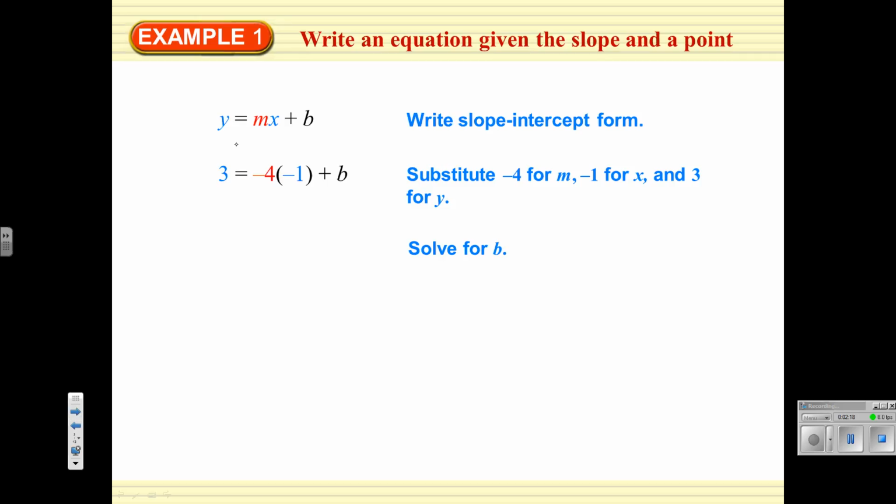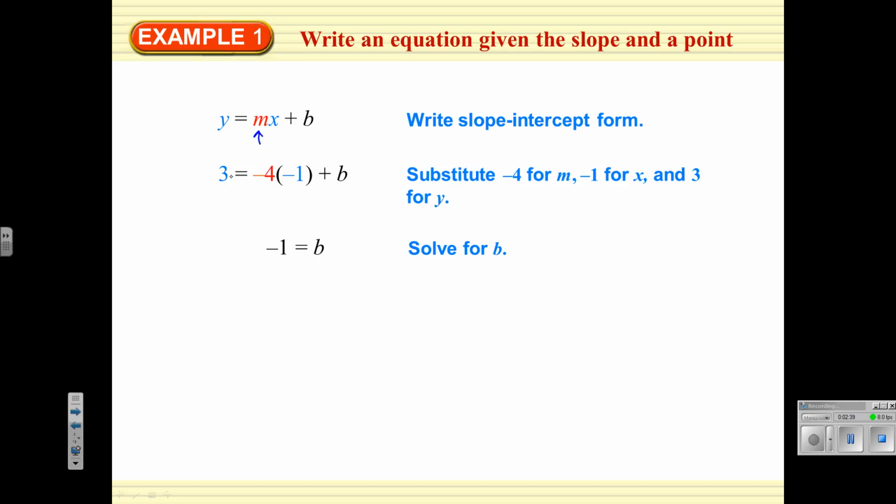So here's our slope-intercept form. We're going to substitute the -4 in for m right here, just like I told you. We're going to use -1 for x and 3 for y because this is a point that lies on the line that we're trying to write the equation for. So now let's solve for b.